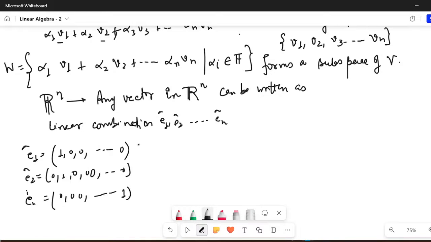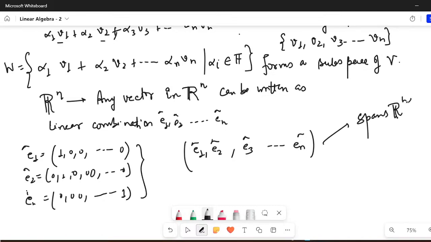Okay, so all these elements, that is 1, 0, 0, 0, 1, 0, 0, I can write any vector in Rn in the form of these, right? In other words, we say that this set, that is E1, E2, E3, up to En, all these unit vectors, spans Rn.